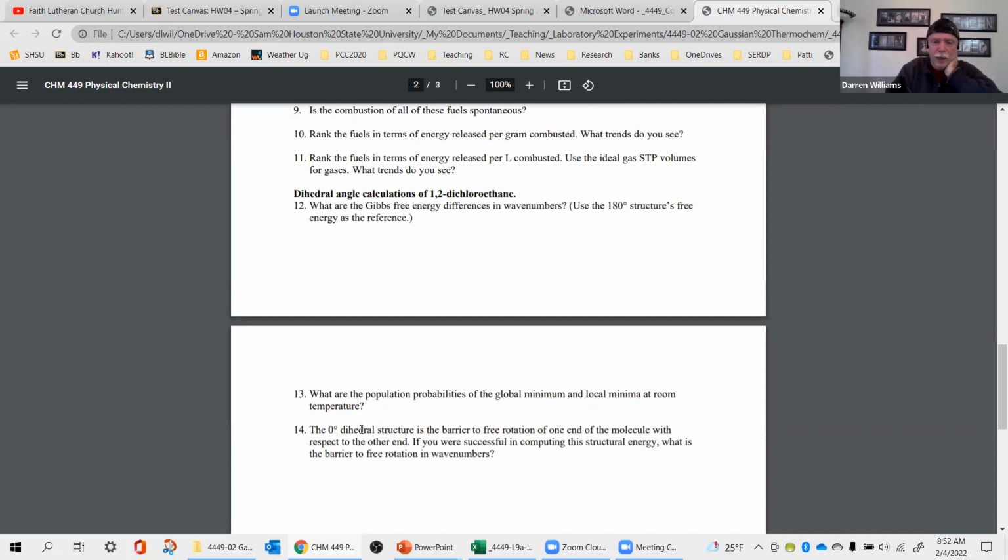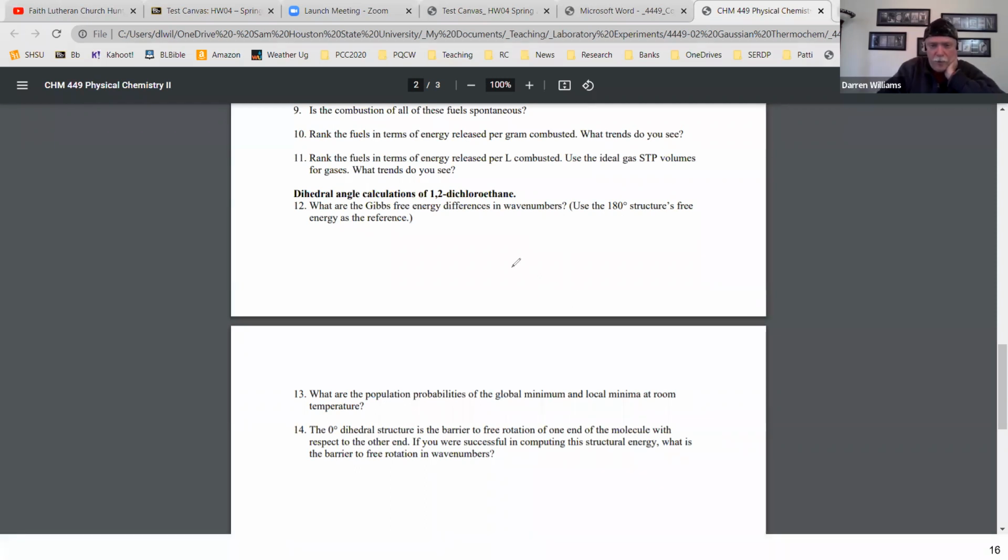So what you've got here is a two-level system with degeneracy. This is 180. This is like 60 and 300, right? Gaussian tells you this energy here and this energy here.